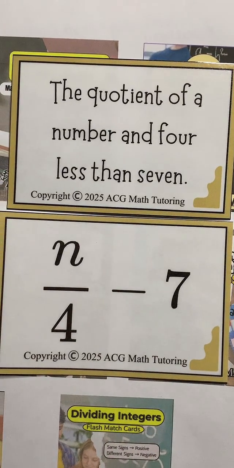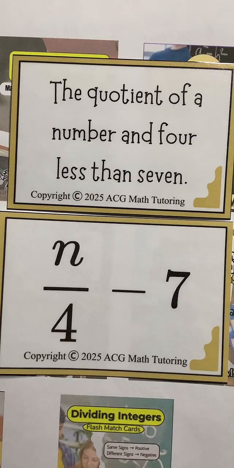I just use n, and I made sure I use the same variable throughout this whole packet. Because I know how people are when they're like, oh, match the Q with the Q.